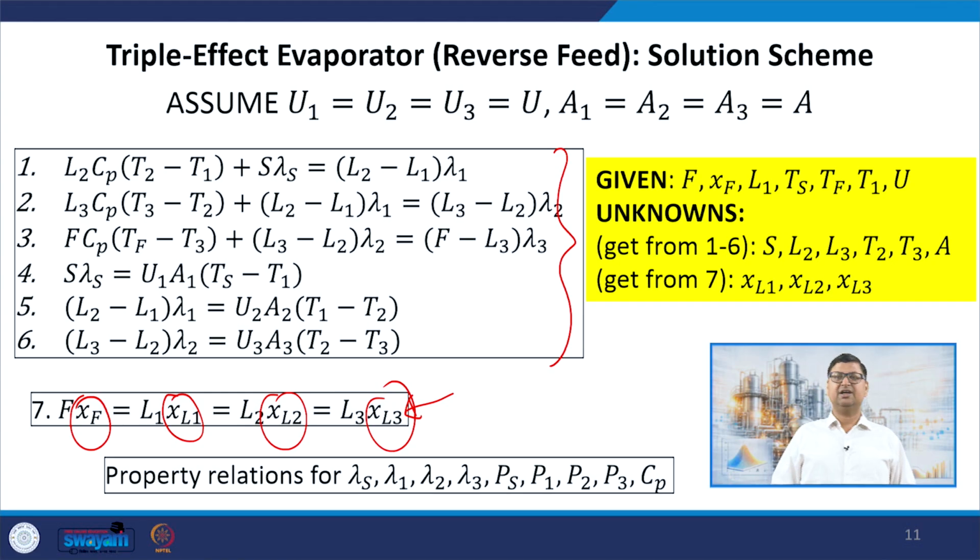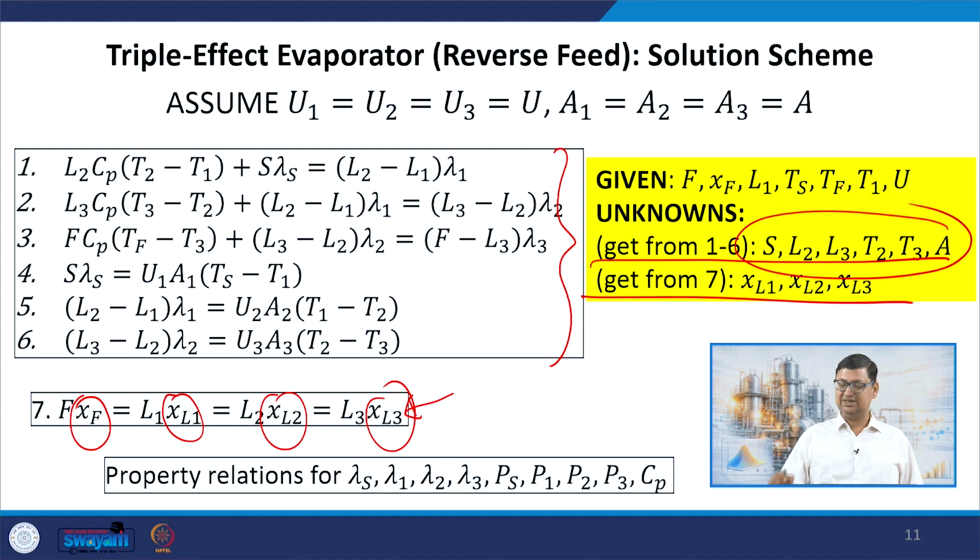So, again we can make a choice of given variables, and the choice of unknowns, and I can pretty much follow the same logic. The first 6 equations will give you these 6 variables and the 3 mass fractions will come from here, right. Keep in mind here that when I was doing it for the forward feed, it was a slightly different choice of unknowns.